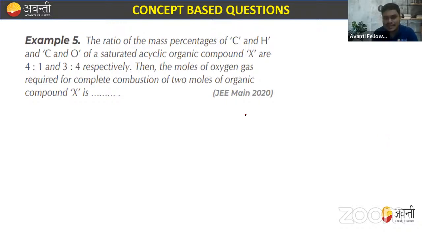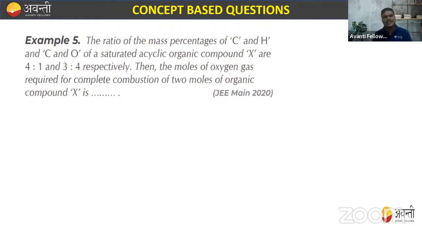Would anyone like to tell the answer? Anyone? What does the question say? The ratio of the mass percentage of carbon and hydrogen and carbon and oxygen of saturated acyclic organic compound X are given. So mass percentages are given, like carbon and hydrogen and carbon and oxygen, that is 4:1 and 3:4 respectively.